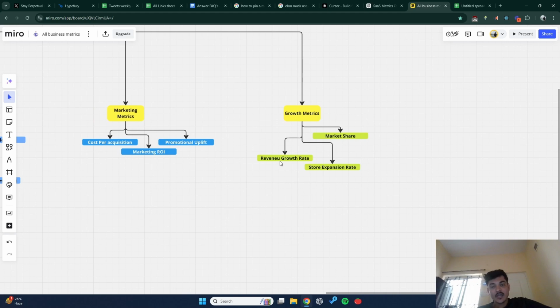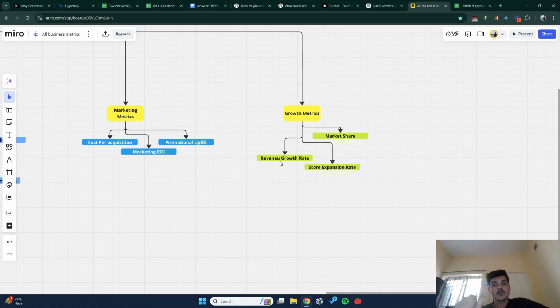And then market share. So you need to check if you have enough market share. It's very easy to calculate: your sales divided by total market sales into 100. So that would give you the market share. I'm not sure if you're in a specific category like supermarkets or manufacturing, but you need to see how much of the market you have captured.